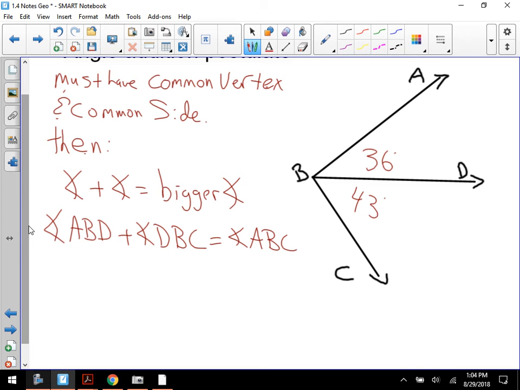You would see a little box, and I have an example coming up next to show you how that looks. Here, we know that the small angle plus a small angle would equal the large angle. So what's 36 and 43? That's what we're looking at.